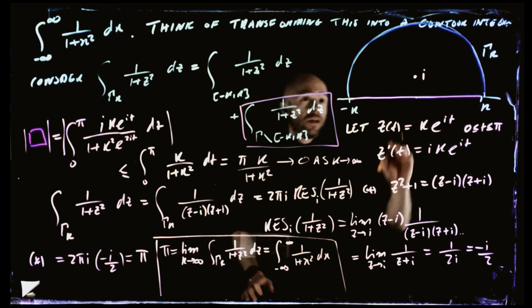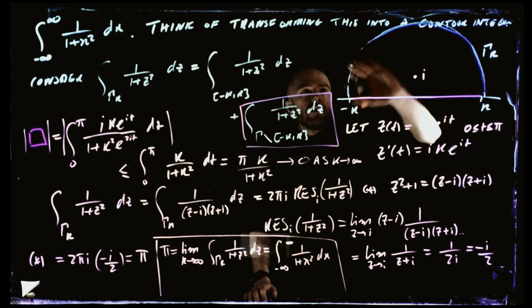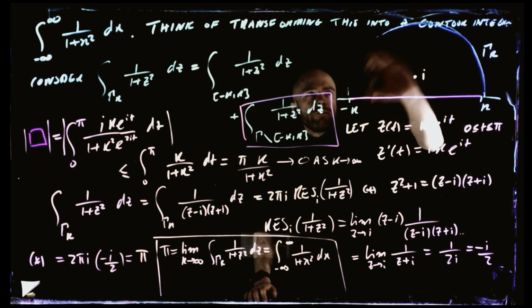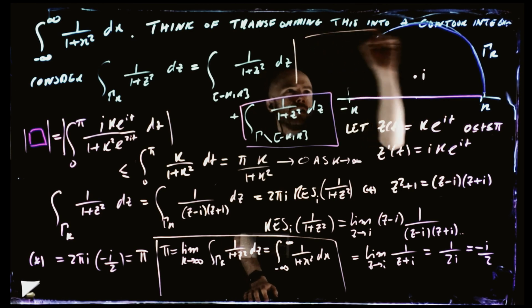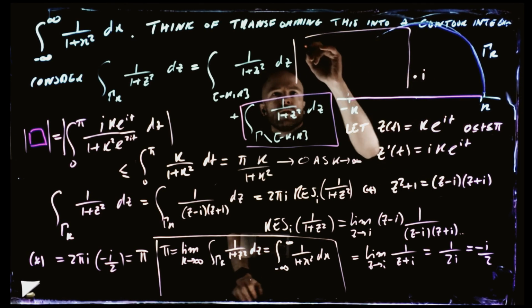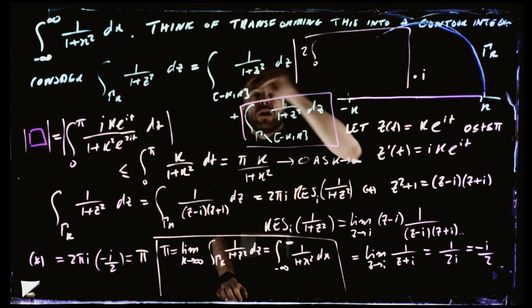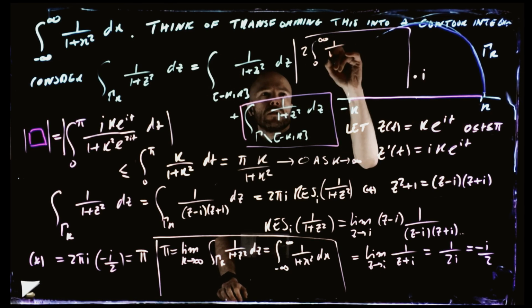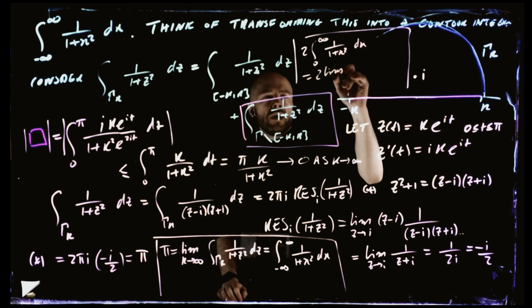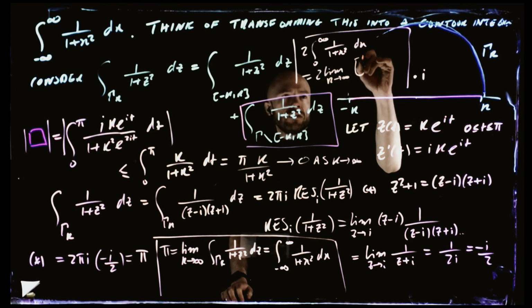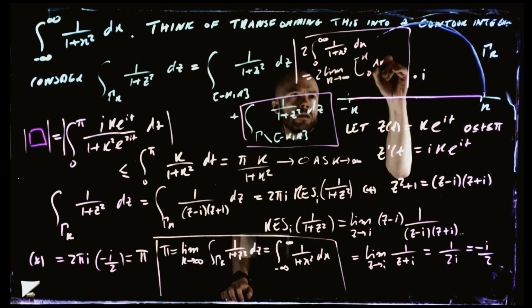Now let's see what calculus tells us. Let's see if mathematics is consistent. This is an even function, so this is 2 times the limit as r goes to infinity of the antiderivative, which, as you told me, is arctan.